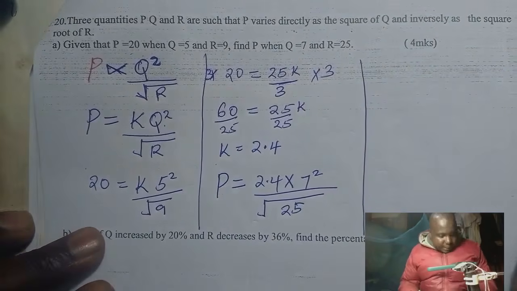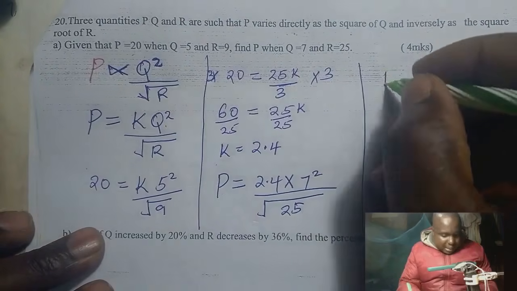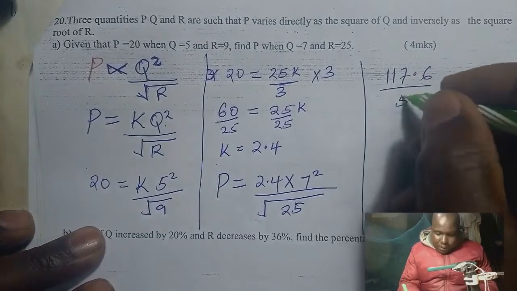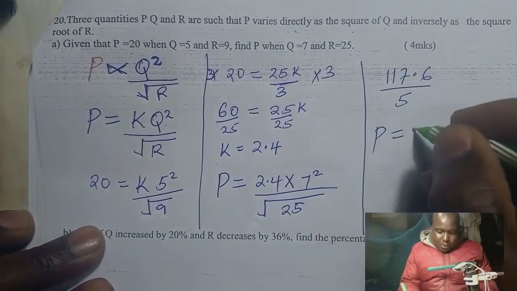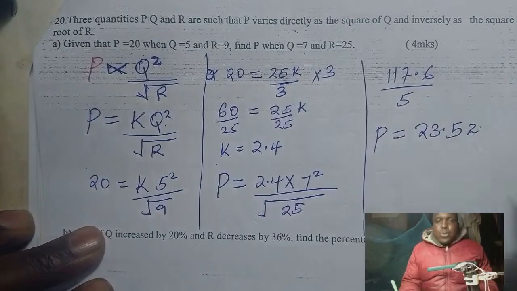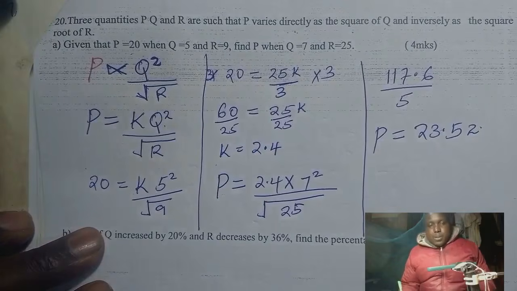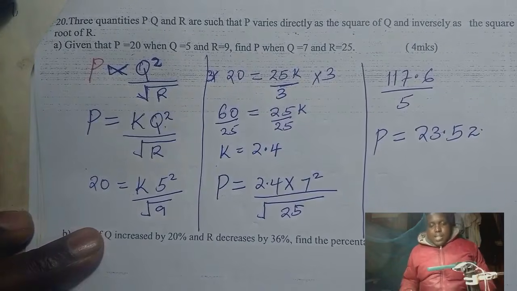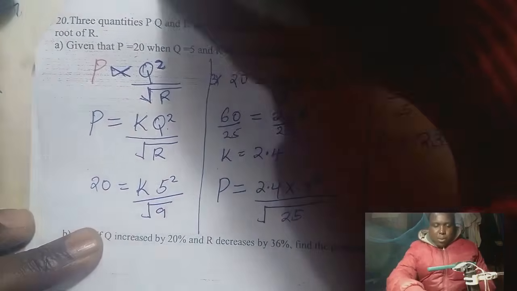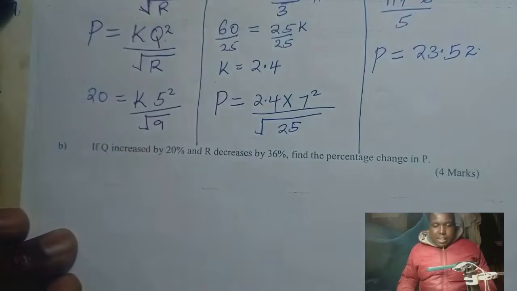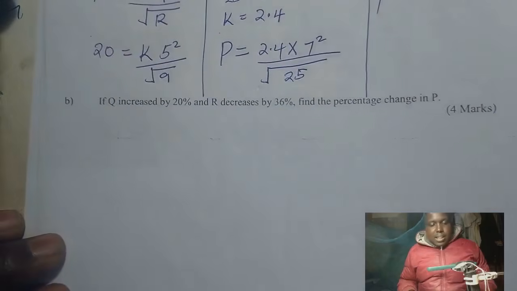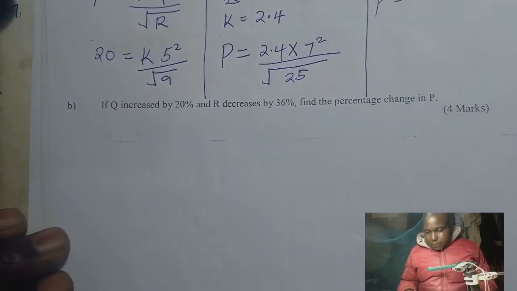Now this one is 117.6. We divide by 5, and the P will be 23.52. As simple as that, you get your 4 marks. If you have a problem in variation, please revise, go back to form 3 and revise. It's a very important topic.